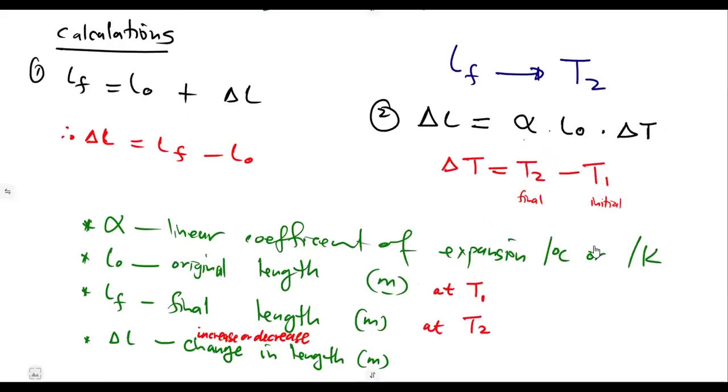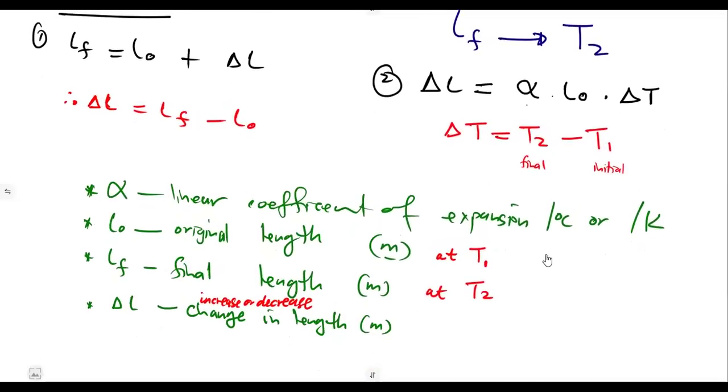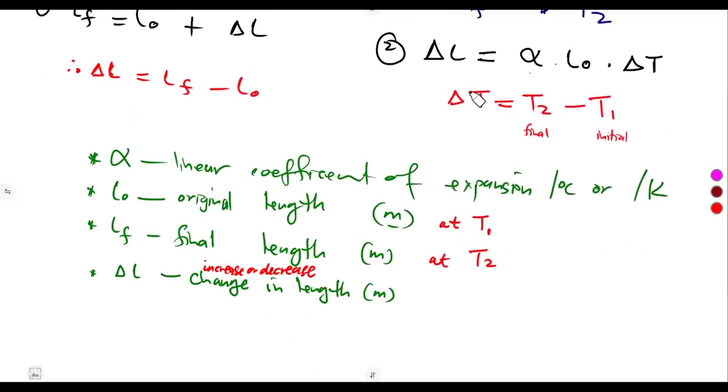Another thing that we have is the change in temperature, which is T2 minus T1, final minus initial. It can also be an increase or a decrease.